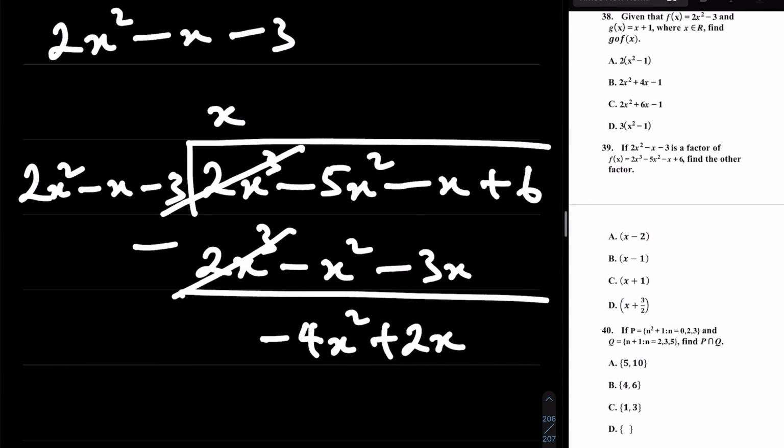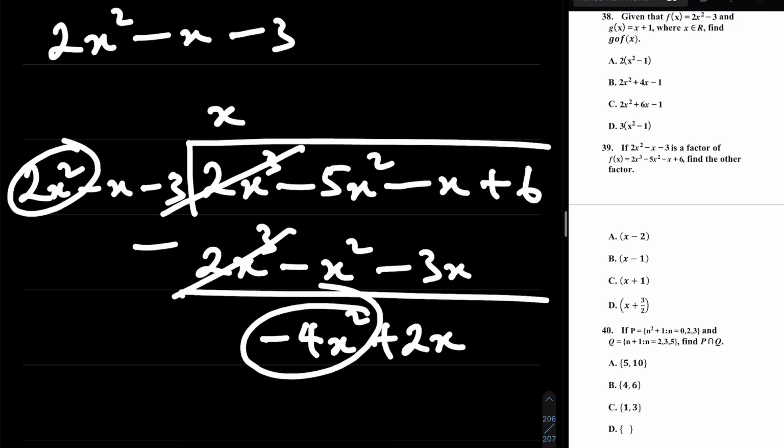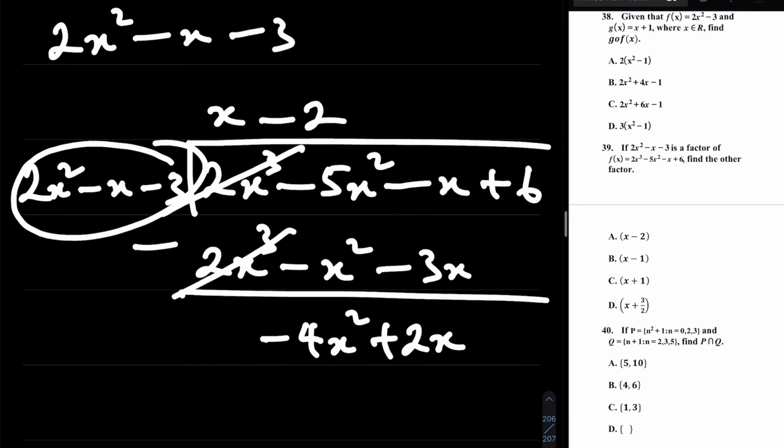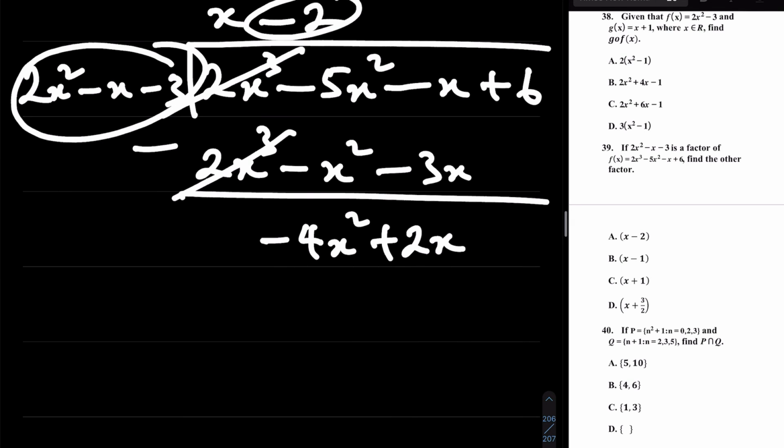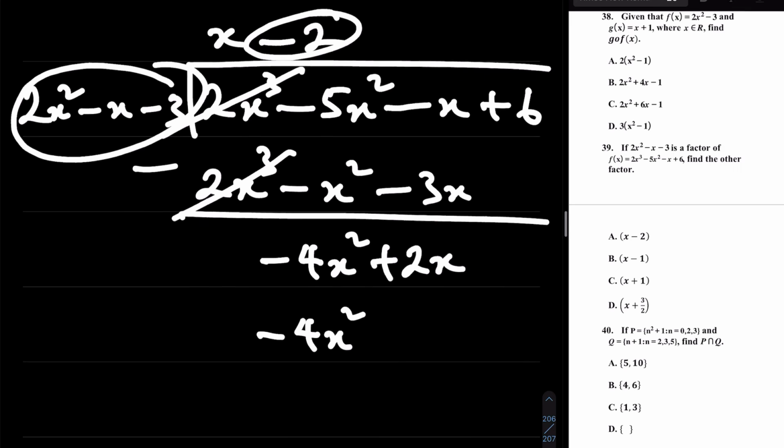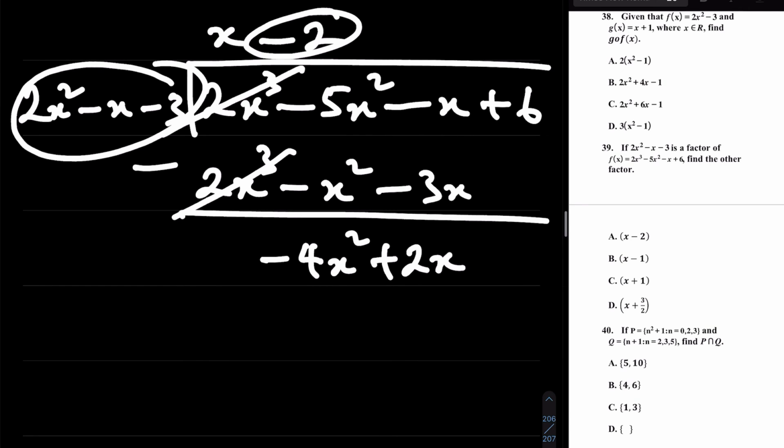So we divide again. Minus 4x squared divided by 2x squared. That's going to be minus 2. Then we multiply the whole of this by minus 2, which means minus 4x squared. Here, when we did this, after our subtraction, we're supposed to bring down the next term, which is 6.